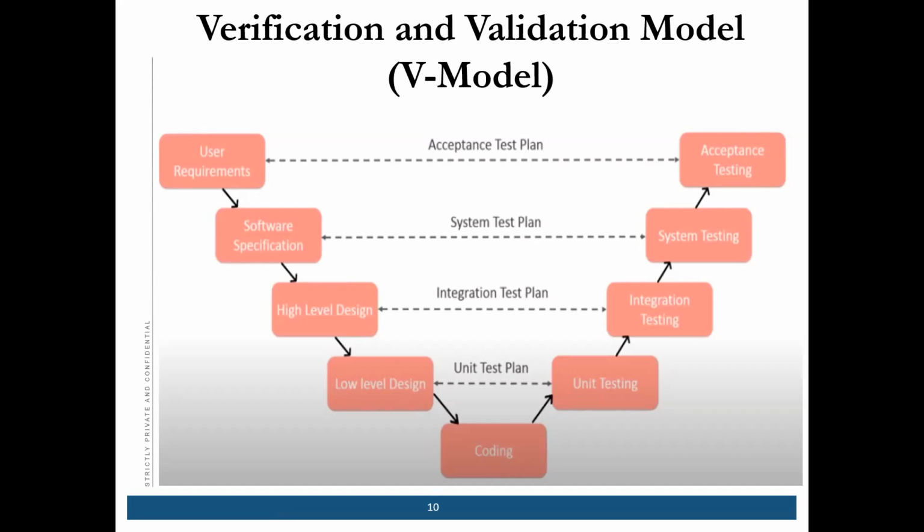You are understanding, right? Whatever I've explained. Okay. So the V model is a verification and validation model. That's why it is called the V model, because it has verification and validation.